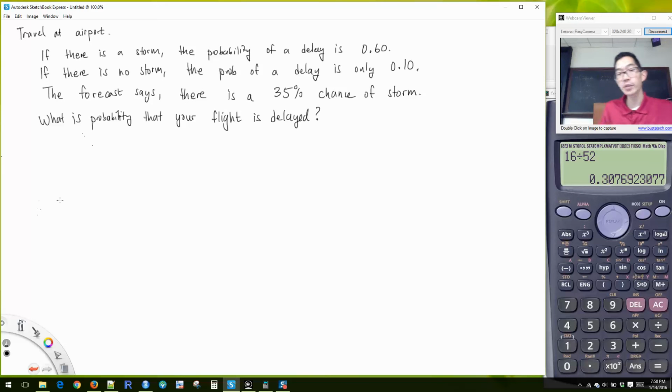So I'm going to answer this question using a tool called a probability tree. But let's identify these values. If there is a storm, the probability of a delay is 0.6. How can we label this symbolically?